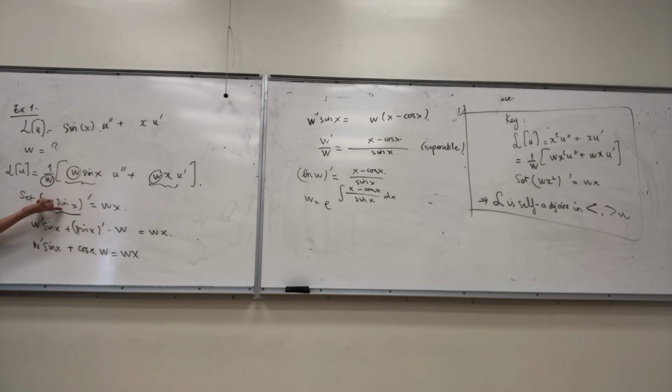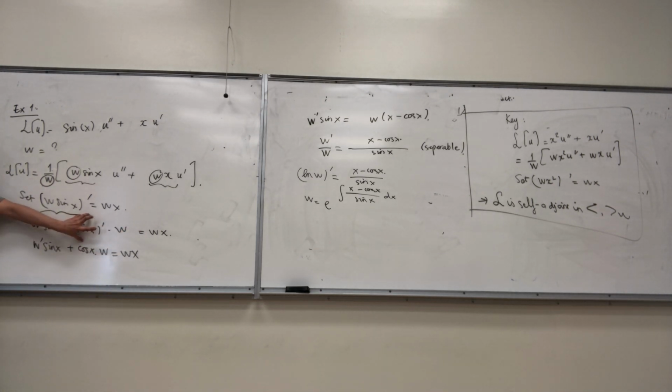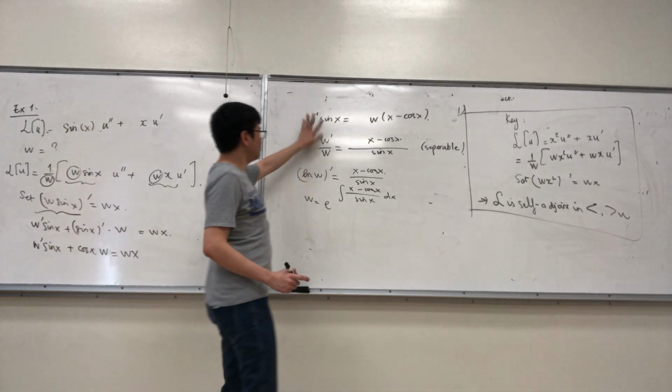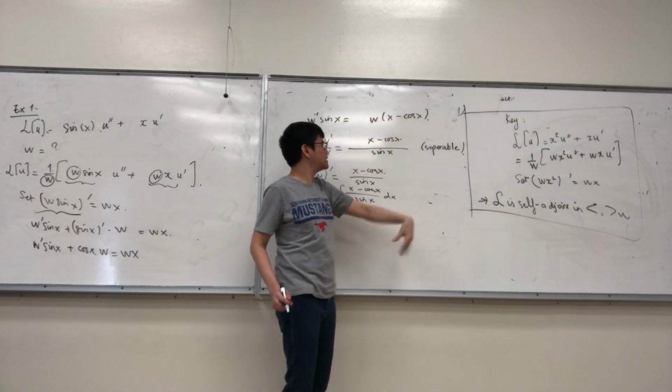The derivative of this guy is w prime sinus of x. This is sinus of x prime w. So sinus of x prime is cosinus of x. So now you have w prime sinus of x plus cosinus of x w is wx, right? You want to group: w prime sinus of x is w times x minus cosinus of x.